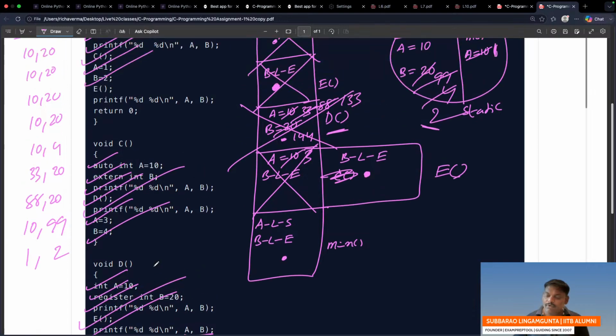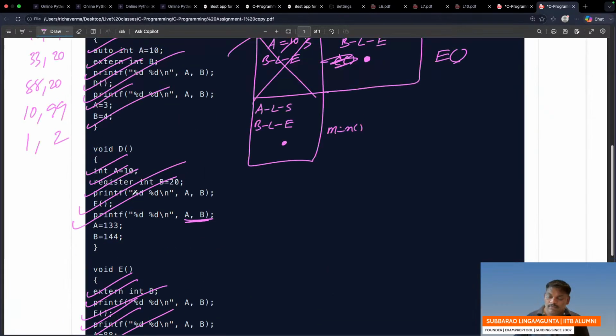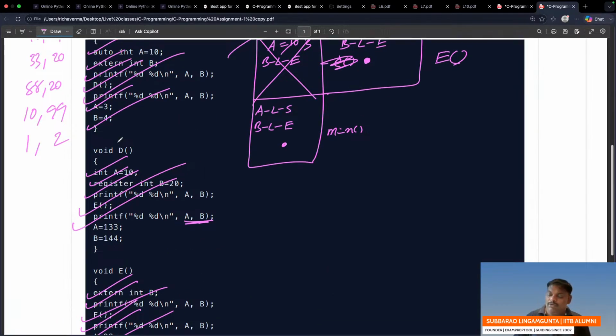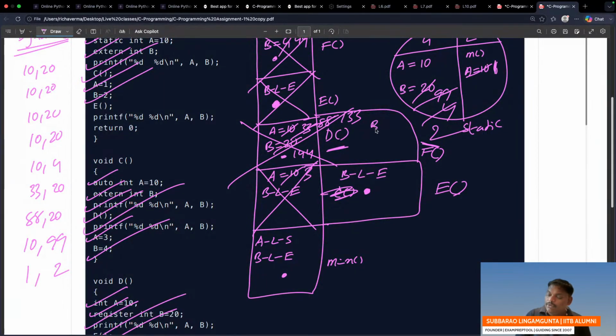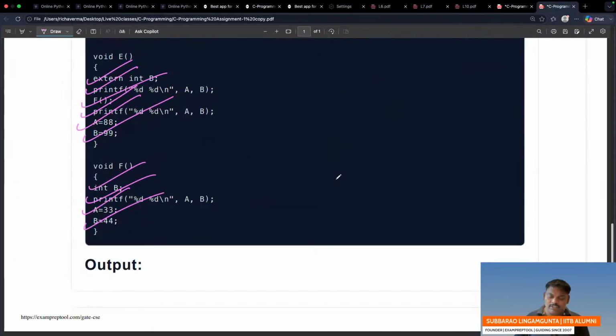I think F called. F function called. In the F function, what is the first line? See, after printing is over, F function is called. Int B local. B local, but by default garbage. If you want, you can check the F function, by default garbage.